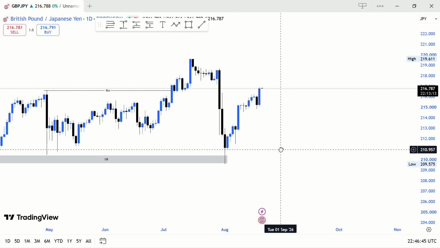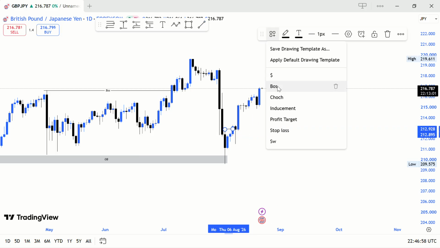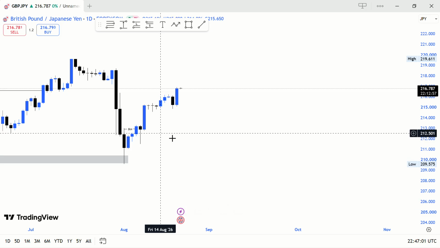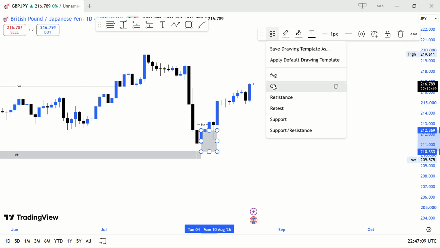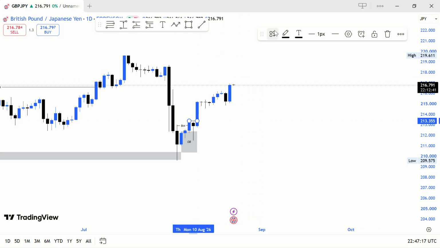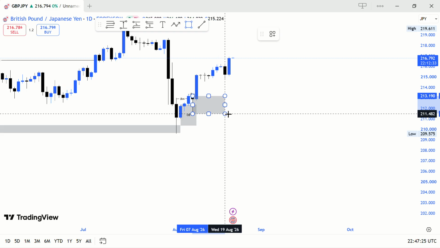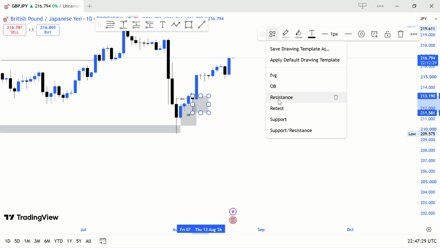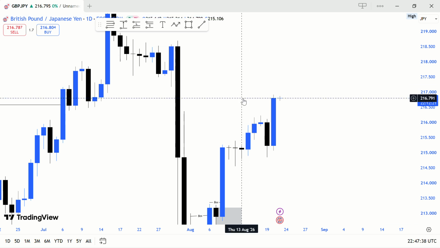So from this place, we got a push to the upside. All right, that is our BOS, and price has mitigated the order block which caused it, and then we got another move to the upside, which is this. But price is yet to mitigate this other block, so we just keep it pending. Thereafter we move on to the next, which is this side.